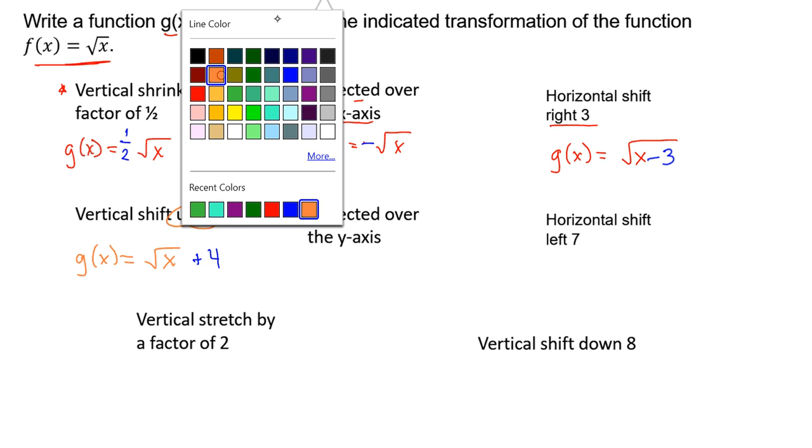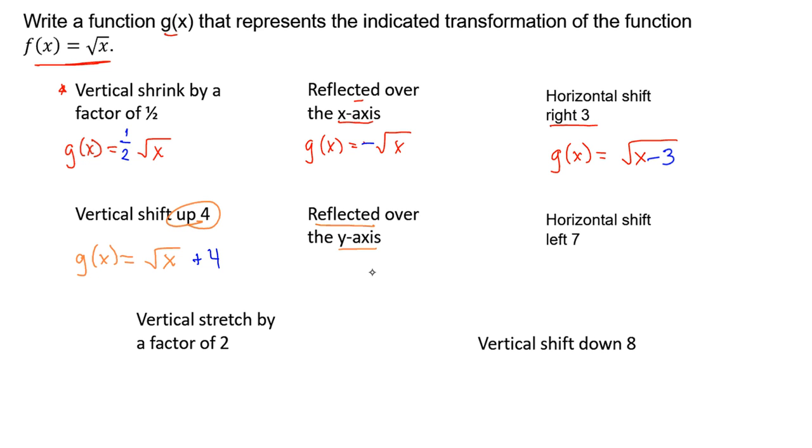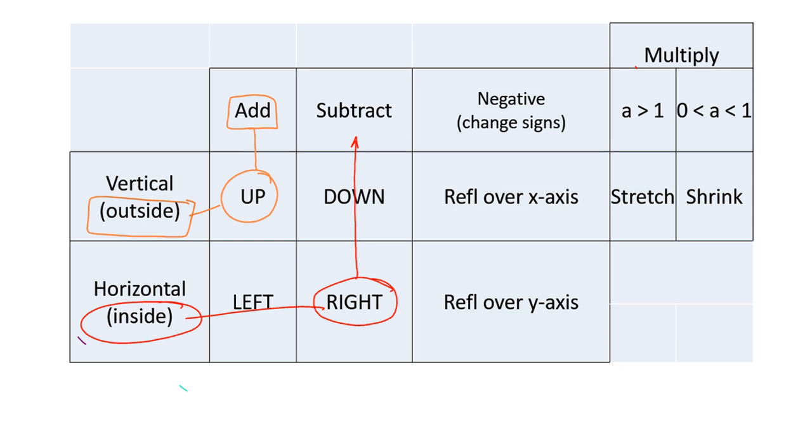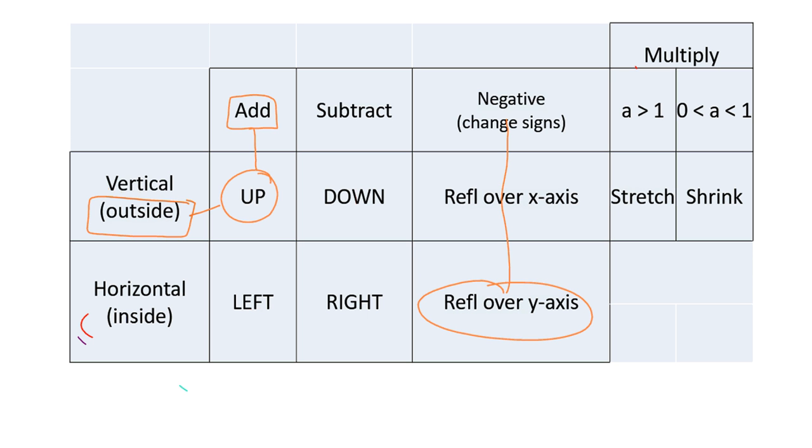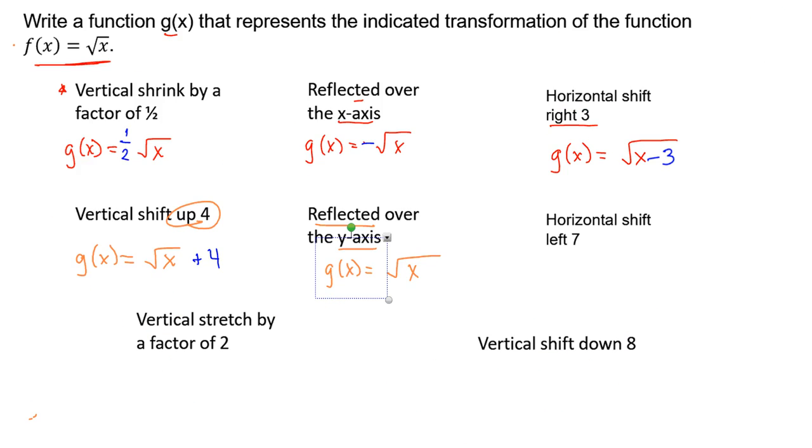Reflected over the y-axis. Okay, reflected y-axis. I'm going to look at my original function. Back here, my cheat sheet says if I want to reflect over the y-axis, this time I'm going to put a negative again, but this time it's going to be inside.